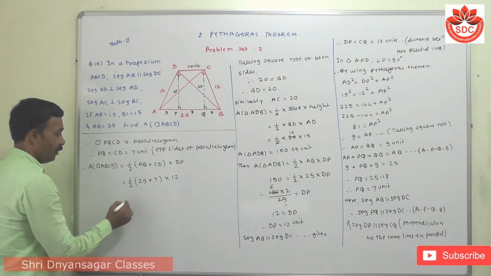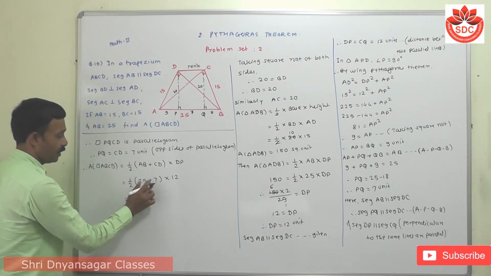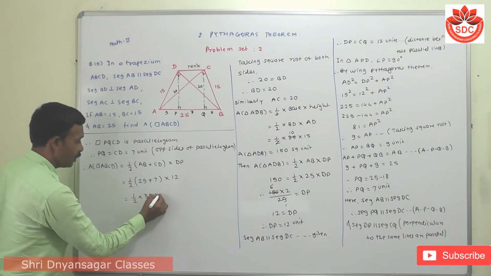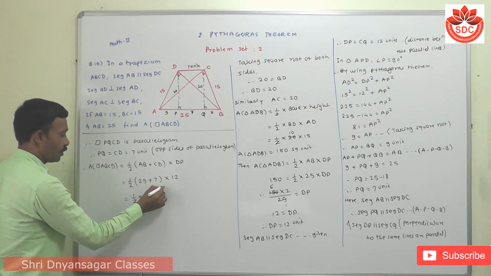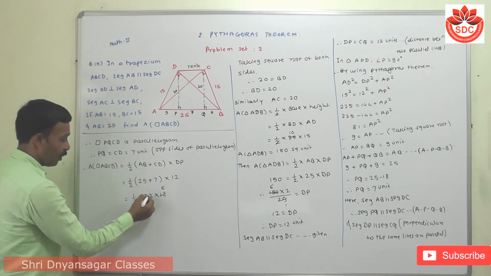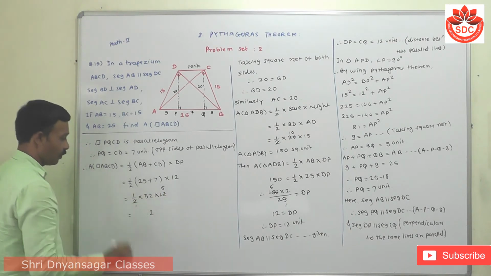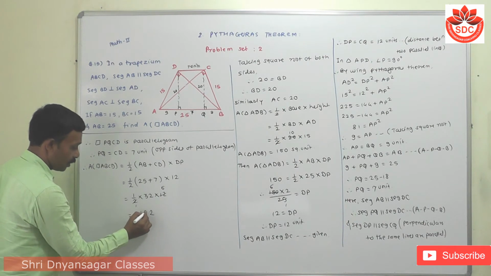Student, then adding this first, means half into this addition becomes 32 into how much? 12. Okay, 2 ones are 2, 2 sixes are 12. Then we have to multiply it. We get 6 twos are 12, carry 1, 6 threes are 18, 18 plus 1 is 19.